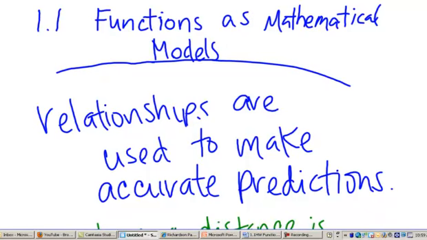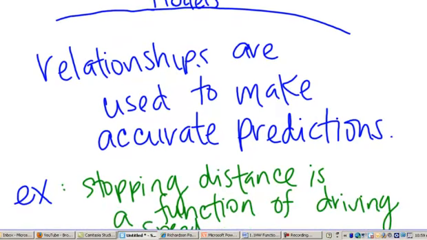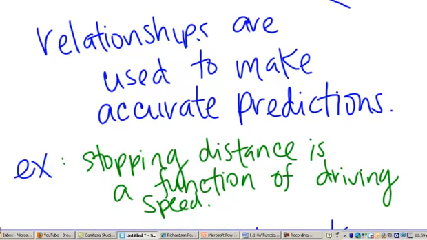So, a really good example that I like to talk about is your stopping distance. When you're driving, the distance it takes you to stop is a function of your driving speed. So if you're driving home from school and you're going down Dogwood, you don't have to have as much time to stop because you're not going as far. Or, I'm sorry, not going as fast.